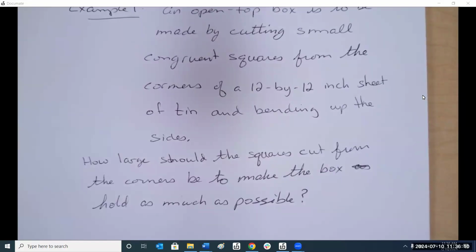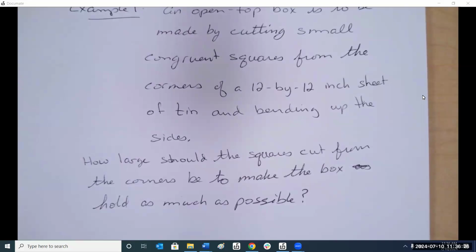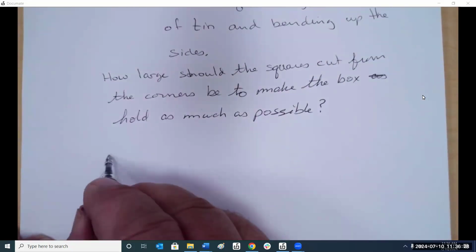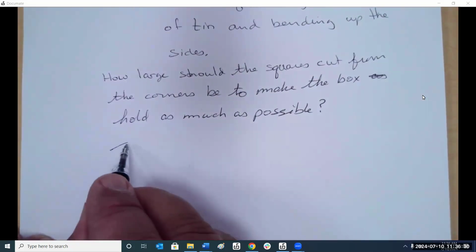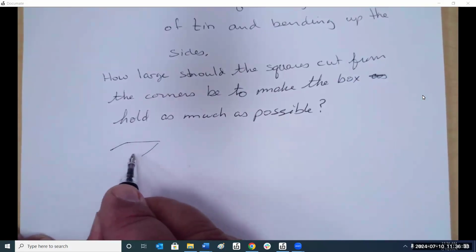This is a real world example. So we have to take that statement, that question, put it into a picture that'll help us put it into a formula that'll help us solve it. Always, always, always go to a picture. So what do we know? We have to design an open top box.